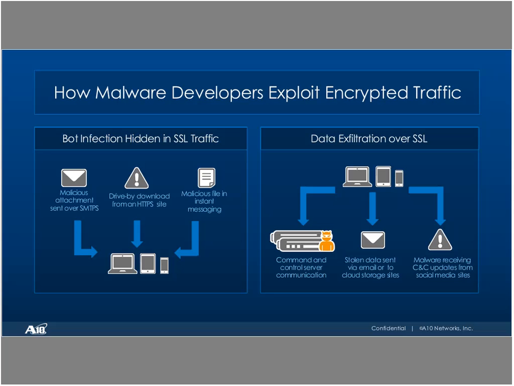And then once that malware has infected a machine, the communication out from the infected machine to the internet can be encrypted, and that can be through basic communications to dedicated command and control servers, or it can be stolen data sent via web-based email or cloud storage sites. It can also be malware receiving command and control updates from social media sites.